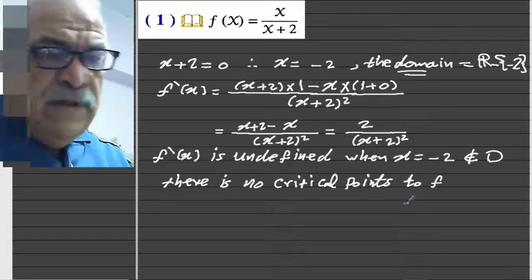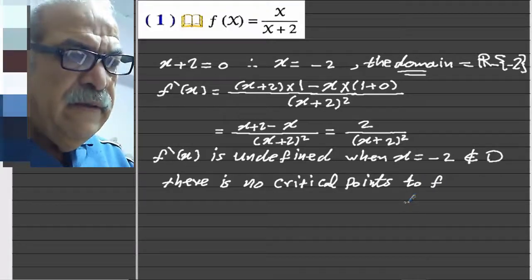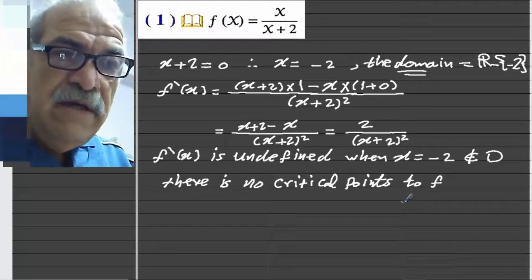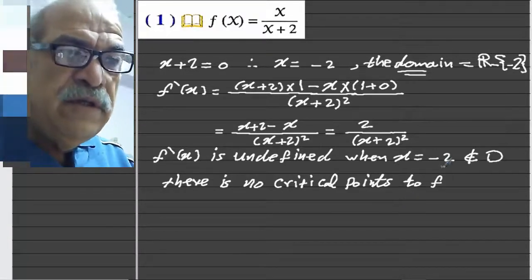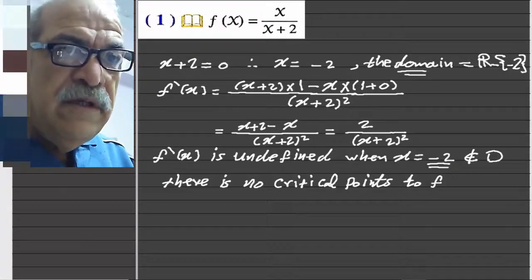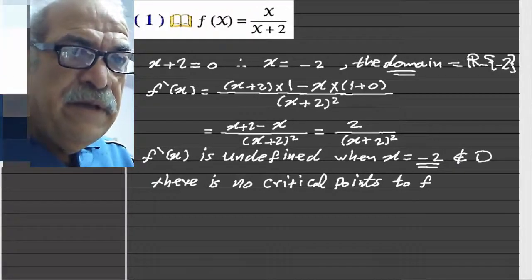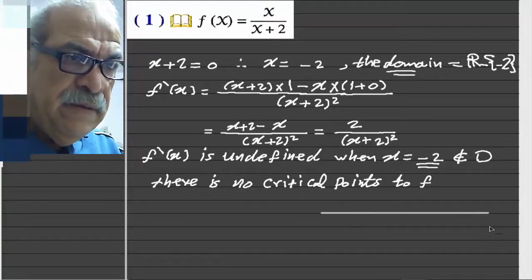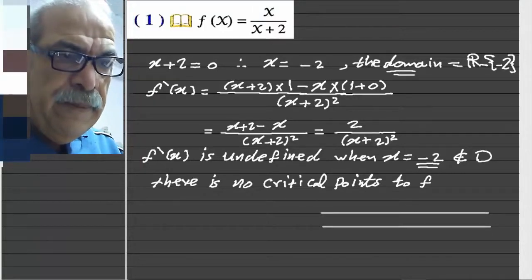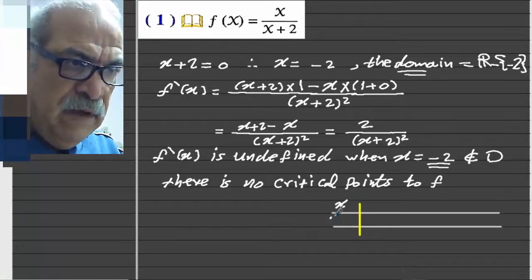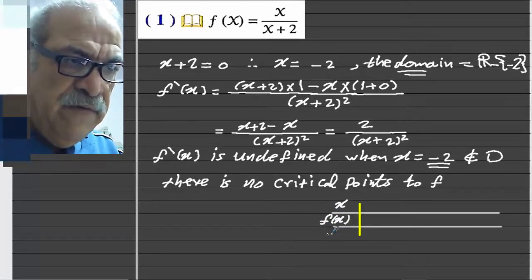And now we will determine the increasing and decreasing intervals about the point negative 2 using the number line. Here we draw the number line and we write x, f of x, and the f dash of x.